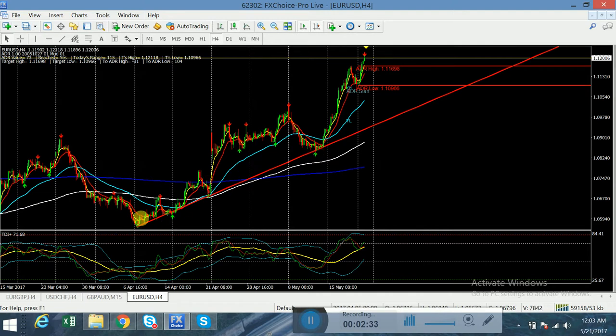So we have a trend line. 1, 2, 3, 4. We have multiple confirmations. So now we'll pull out our Fibonacci tool. We'll take that from this most recent high to this particular low.